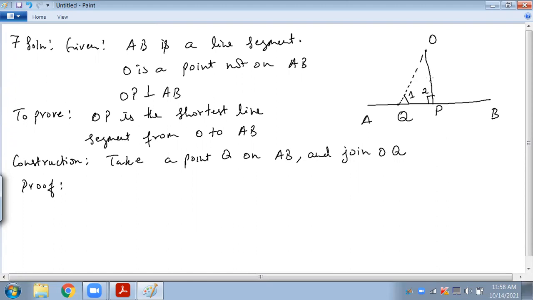Angle 2 is 90. So in triangle OPQ, angle 2 is 90, so angle 1 will be acute. So we can take angle 1 less than angle 2.